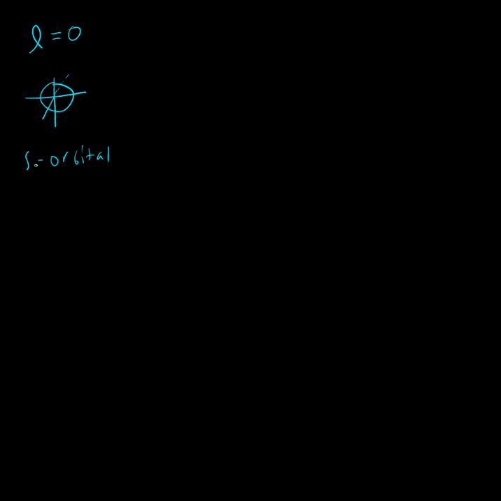So with that being said, we have the next case, L equals 1. What this will look like is a dumbbell shape or an infinity symbol. This would be on the x-axis, but also remember this is coming out of the board.